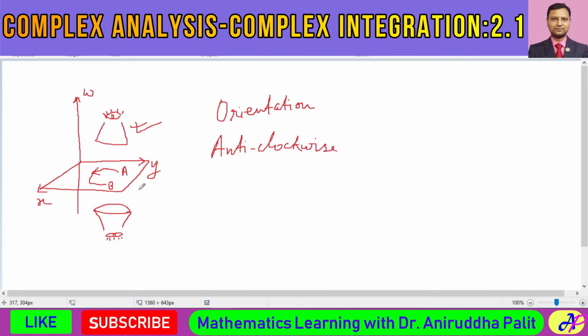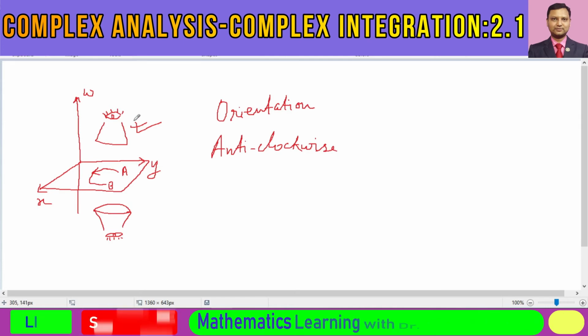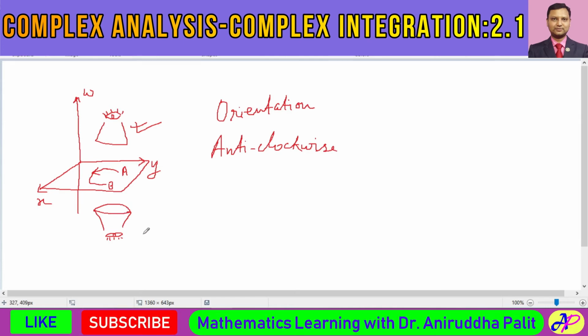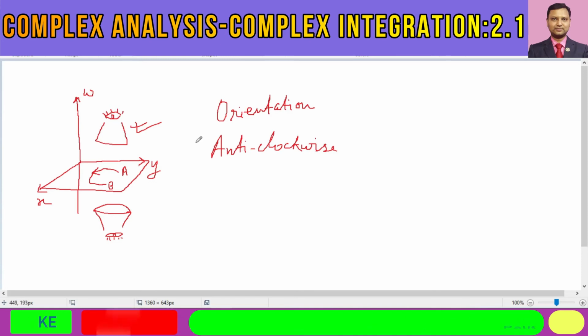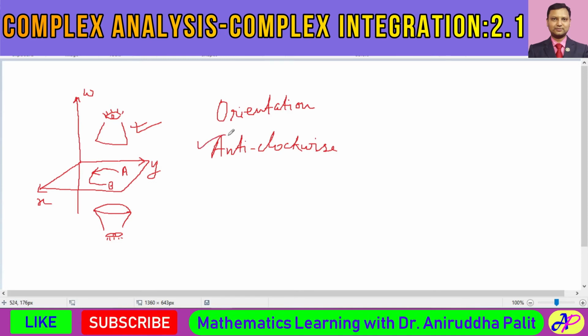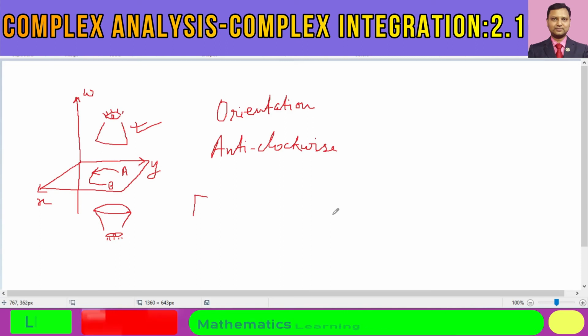All right. So remember that orientation from one direction would be positive and orientation from another direction would be negative. But the anti-clockwise orientation is mostly taken as the positive direction. If the curve is considered to be the curve gamma, then consider a negatively oriented curve.